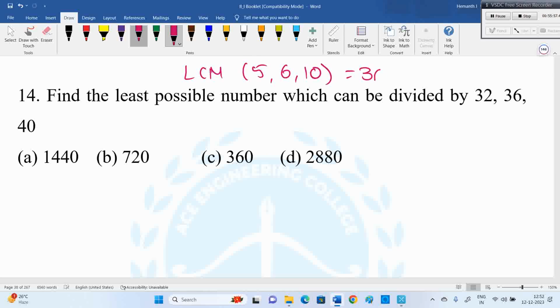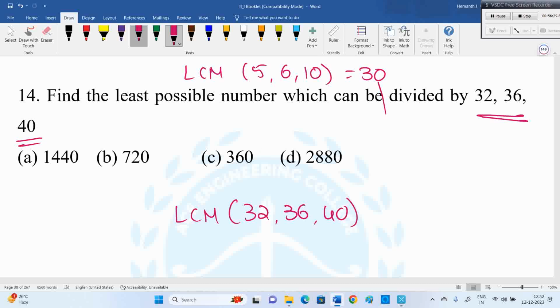This 30 is the smallest number divisible by 5, 6 and 10. In any question, when a smallest number is divisible by a group, or as I also said, one number divided by a group, it means LCM. Now see, the least number that can be divided by 32, 36 and 40 means I have to do the LCM.